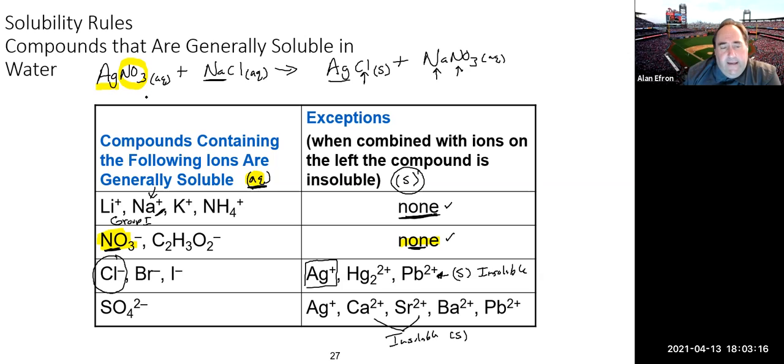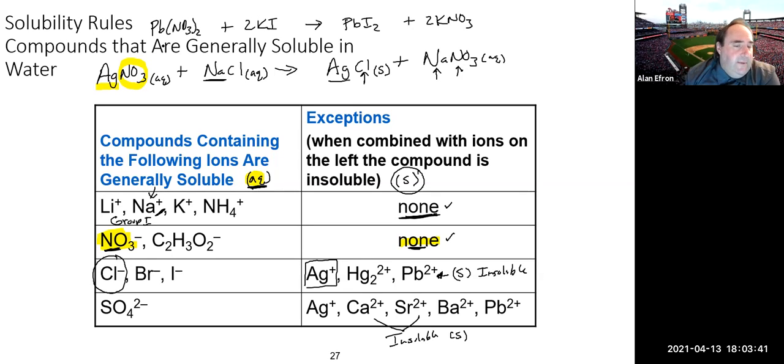And again, if we look at the other reaction that we saw, which was lead nitrate plus our potassium iodide going to our lead 2 iodide plus our potassium nitrate.